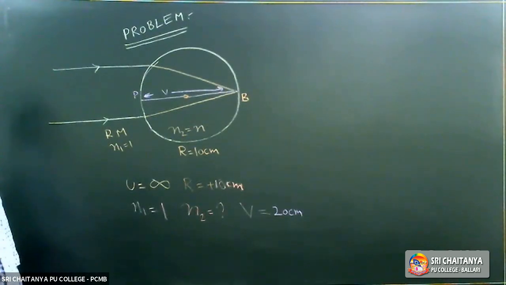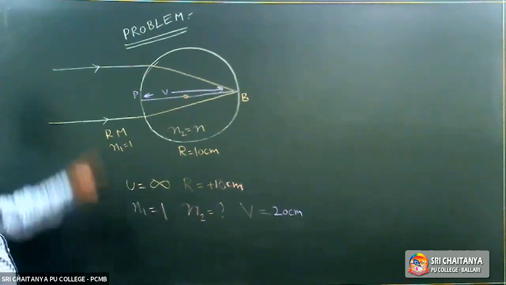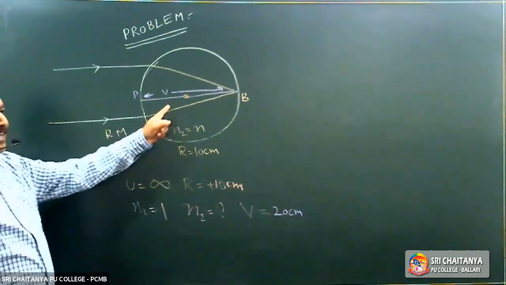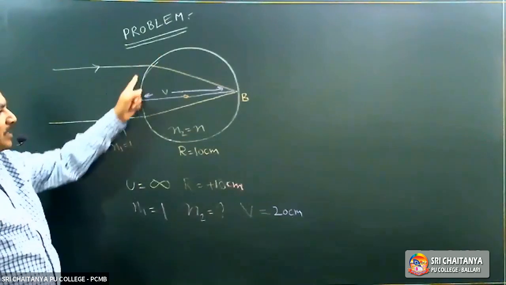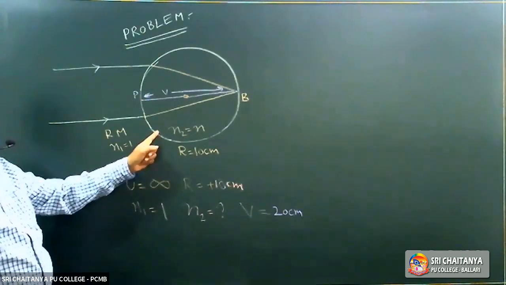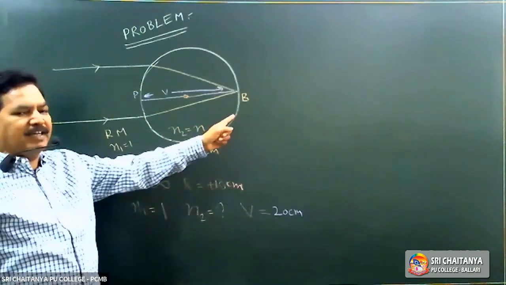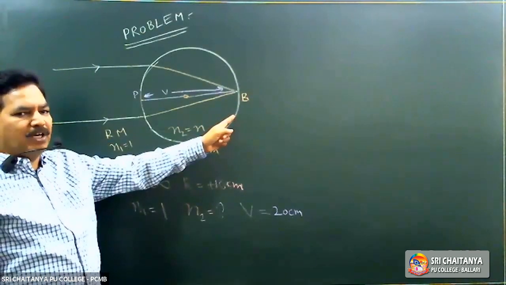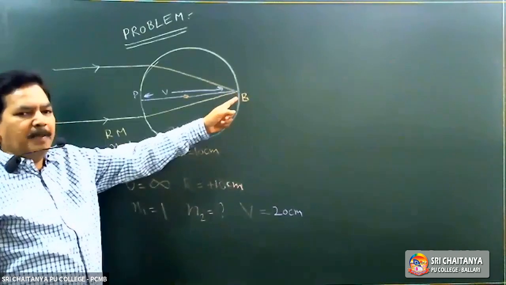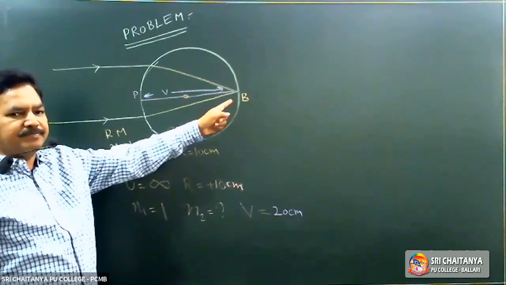Now the light ray is traveling from which medium to which medium? Rarer medium to denser medium. The refraction will take place only at the first surface. There is no refraction at the second surface of the sphere, because it is exactly at the pole of the second surface.